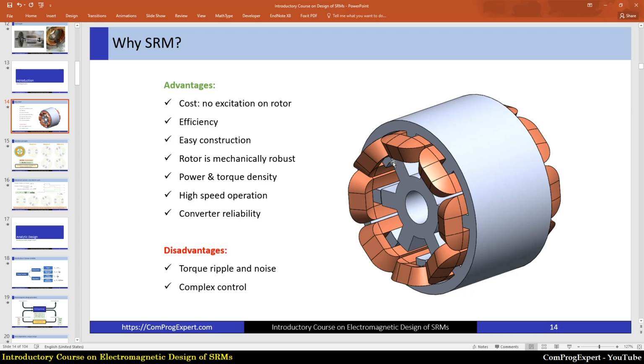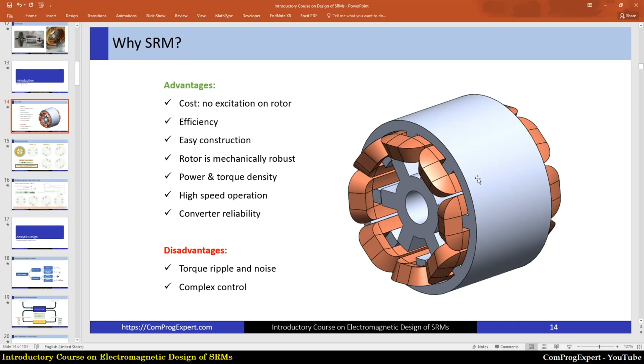As you can see here, the stator winding is concentrated, and we have salient pole winding for the stator core. So the manufacturing of this winding is not as complex as distributed windings, right?